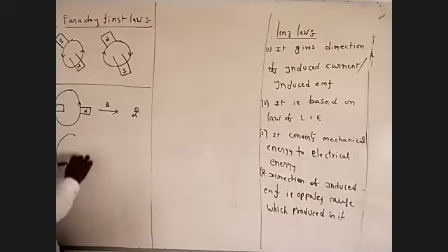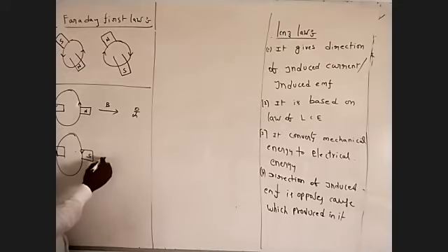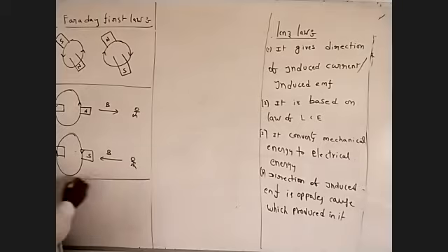Next, this ring carries current in a clockwise direction. The front part acts as a south pole, the back part acts as a north pole. The direction of magnetic field is away from the observer. This is a basic point.